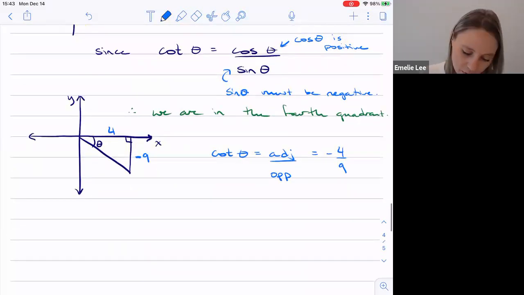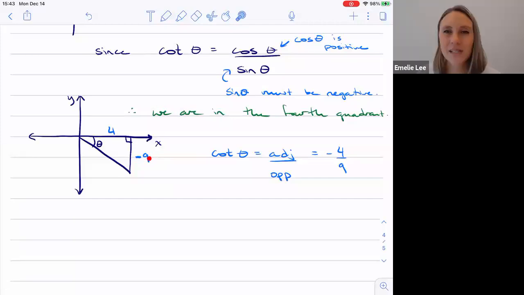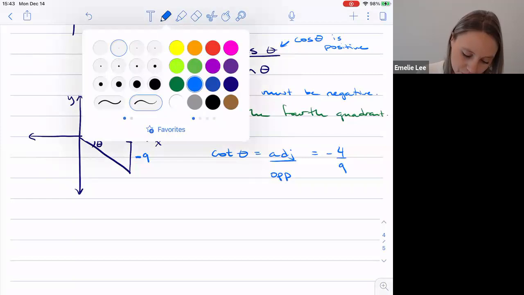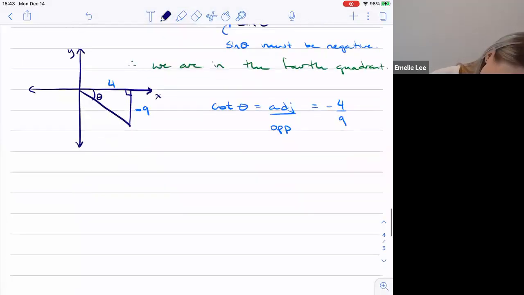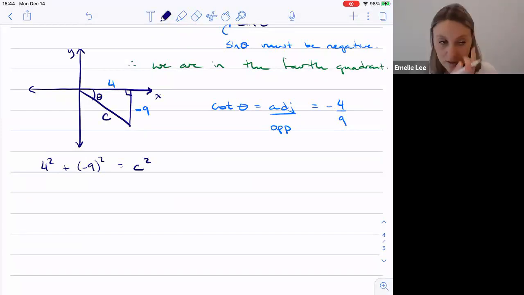I can still use 4 and -9, right? I can use the Pythagorean theorem to figure out what this value is. So we have 4 squared plus -9 squared is c squared. c is always the length of the hypotenuse, right?